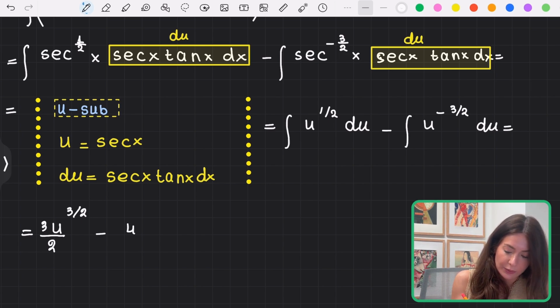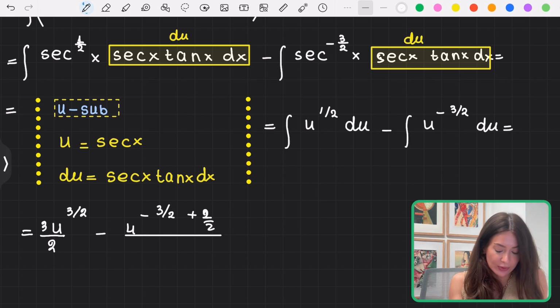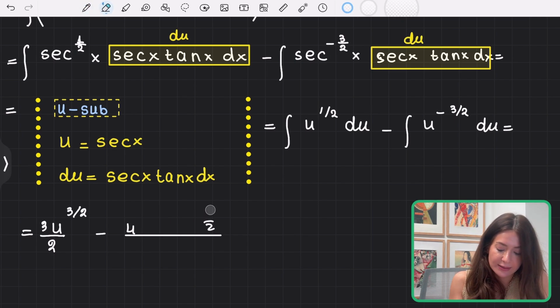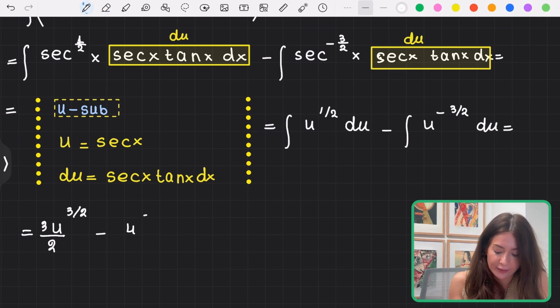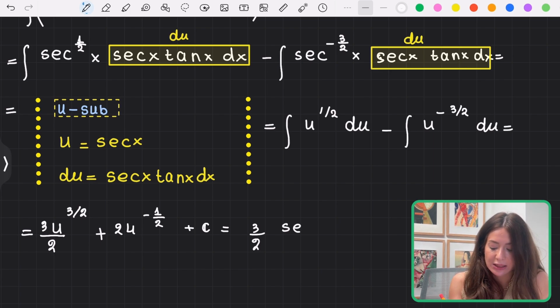And then u to the negative 3/2 plus 1. So this is 2/2 minus 3/2 plus 2/2. That is minus 1/2. Also divided by minus 1/2, right? Plus constant of integration.